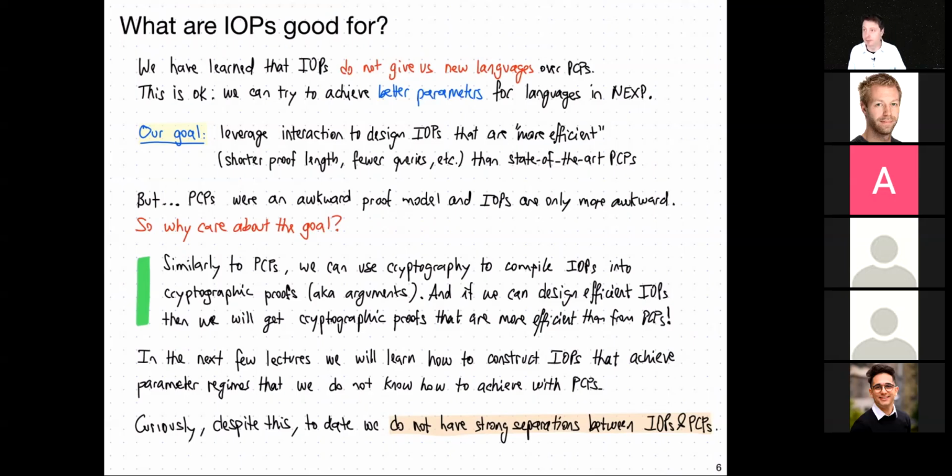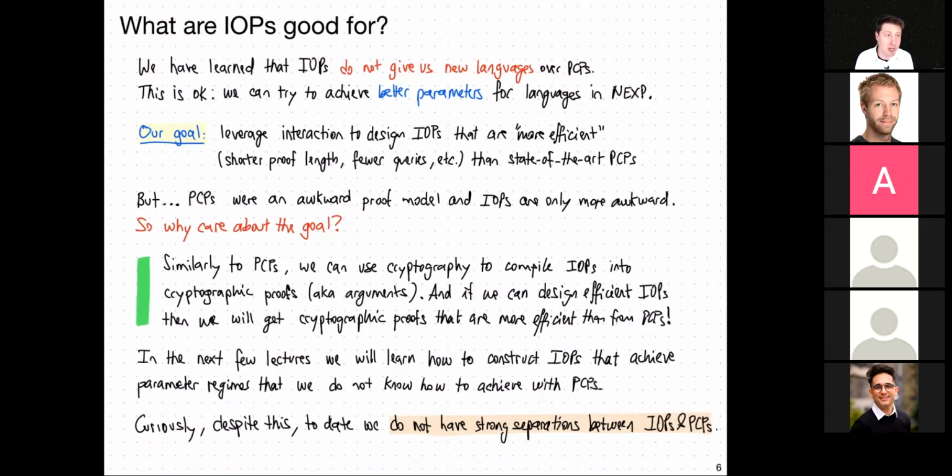My question was more like, if both of them need the same cryptographic assumptions to be compiled, is there really a difference in the power between IOPs and PCPs after they have been compiled? Before they have been compiled, we don't know of good separations, but to be compiled, they need cryptographic assumptions. So here I was specifically talking about the information theoretic level.